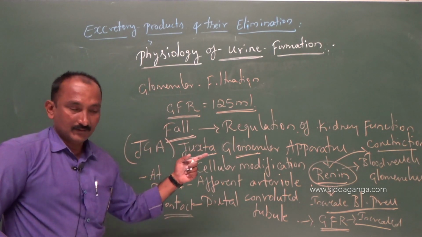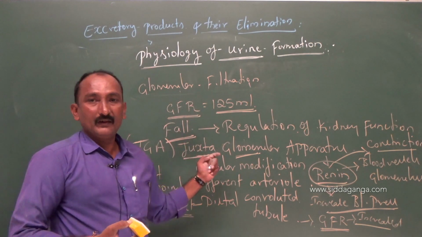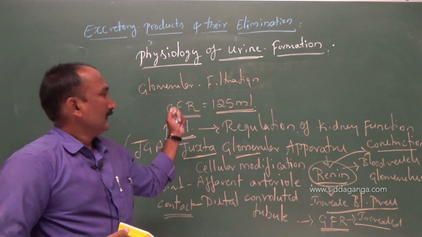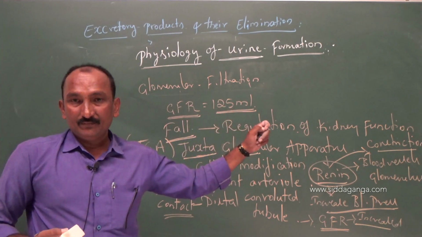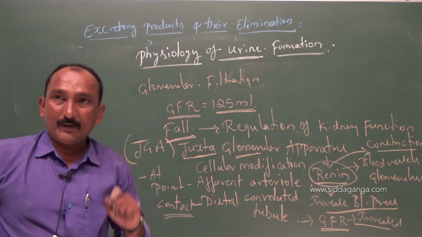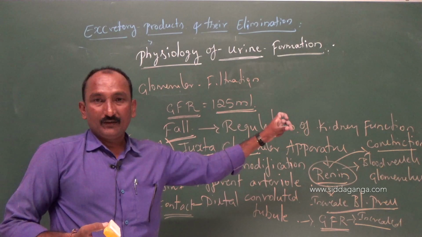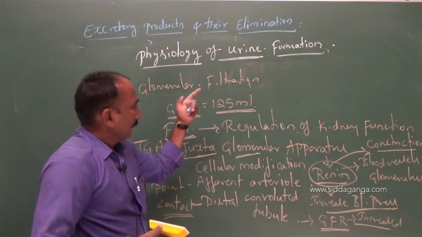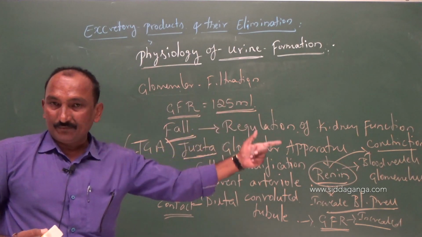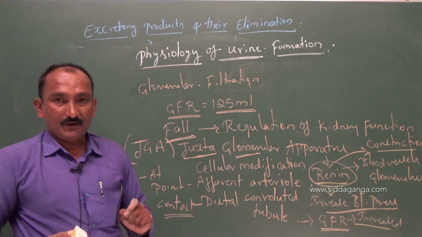juxtaglomerular apparatus. You must understand this concept, very, very important, with regard to glomerular filtration. Of course, I have explained three steps, and this is only one, the glomerular filtration. The glomerular filtration is under the influence of three pressures, and you must remember those pressures.